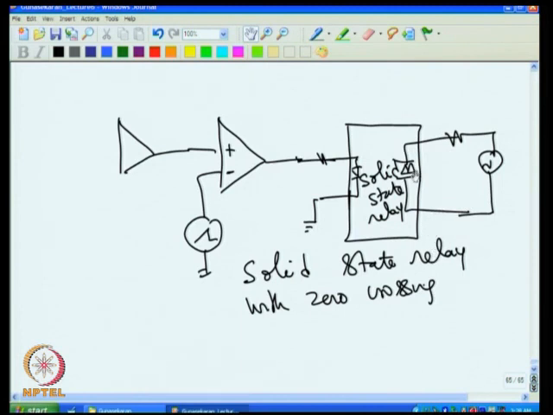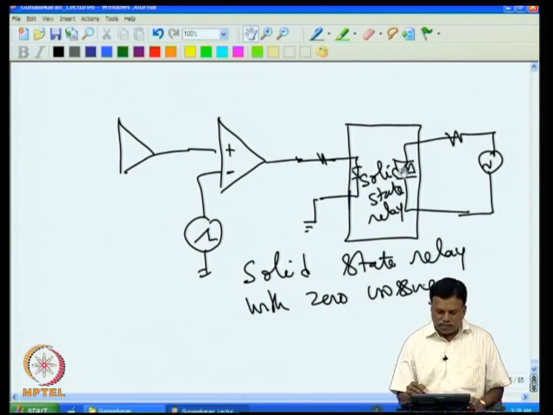Basically they are nothing but optocoupler combined with triac or two thyristors connected back to back. Then of course the power supply requirement for this also automatically derived inside. You need not give a separate supply for this.